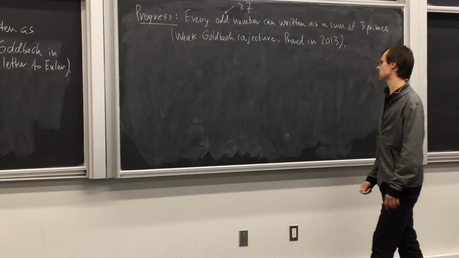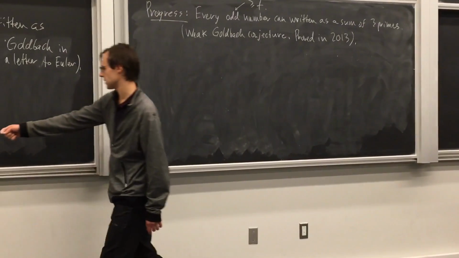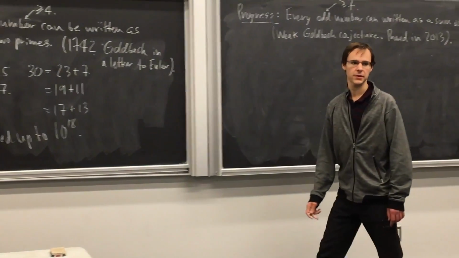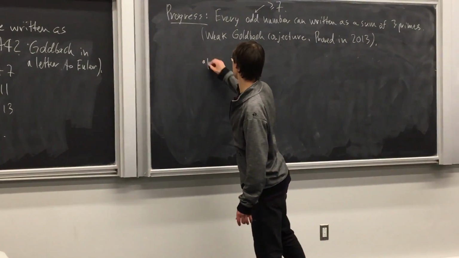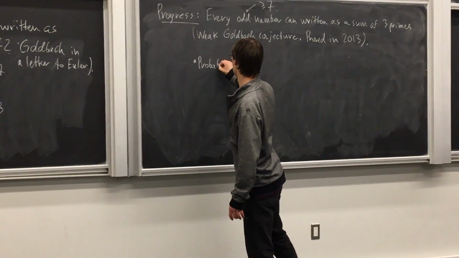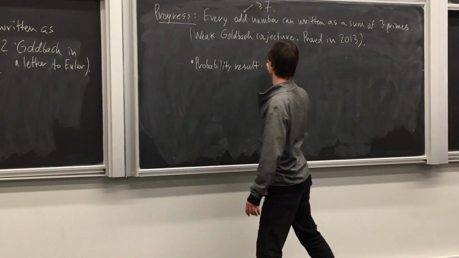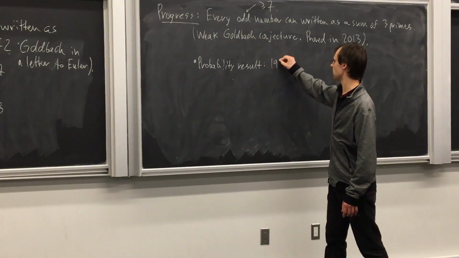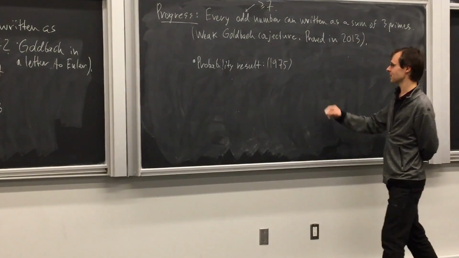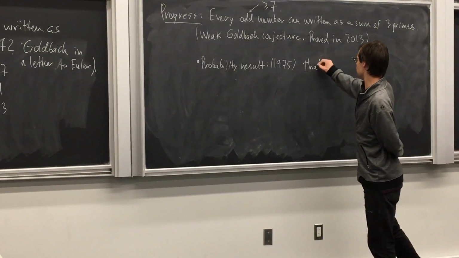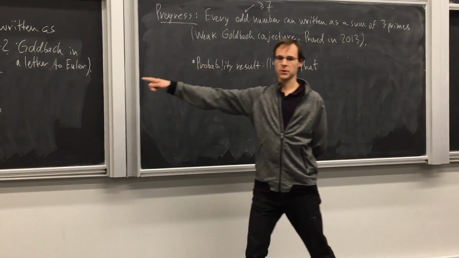All right. So there's some progress that's been made. What other progress? Well, by way of computer, we could test this out. There's also some theorems which talk about probability. Okay, so a probability result. Somebody proved in the 20th century, I think it was 1975, you can check that yourselves, that the probability that a number chosen at random can be written as a sum of two primes is 100%.